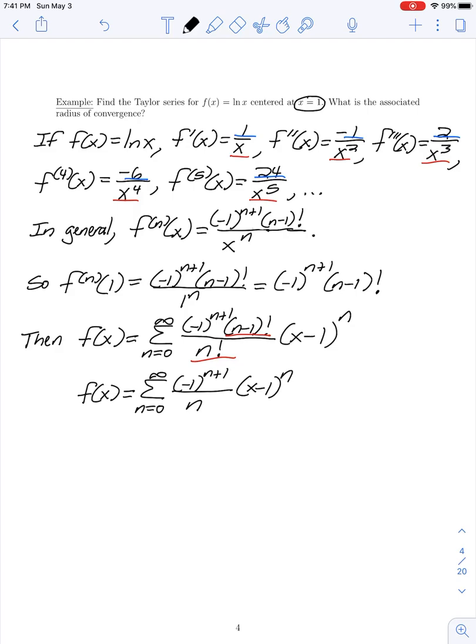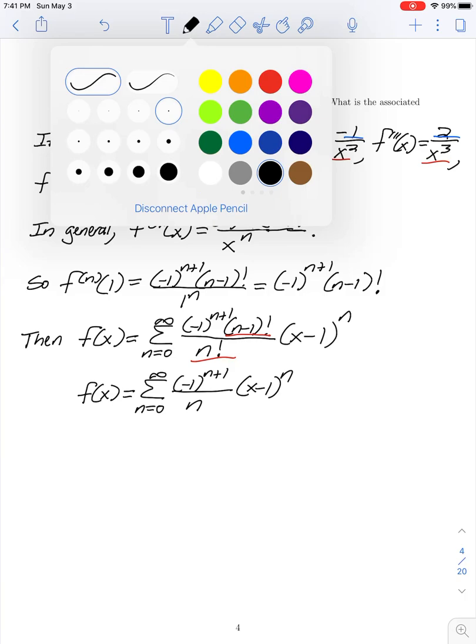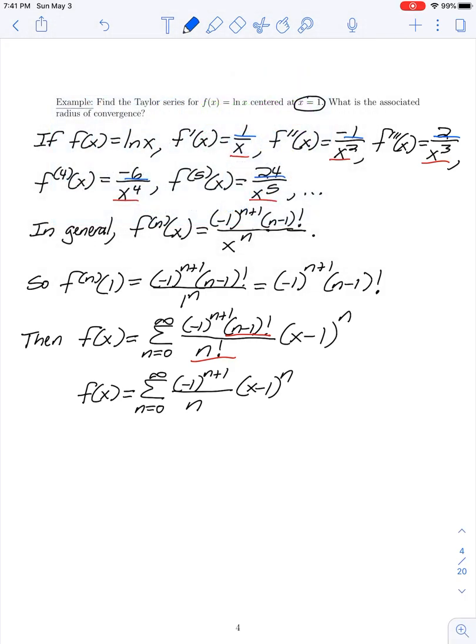Now, one thing that we have to be a little bit careful of here is the starting value of our index. So if we had substituted into the formula for our Taylor series without thinking about the starting value of the index, what we're left with is a summation starting at n equals 0. But notice that we have a division by n in the nth term of our series.